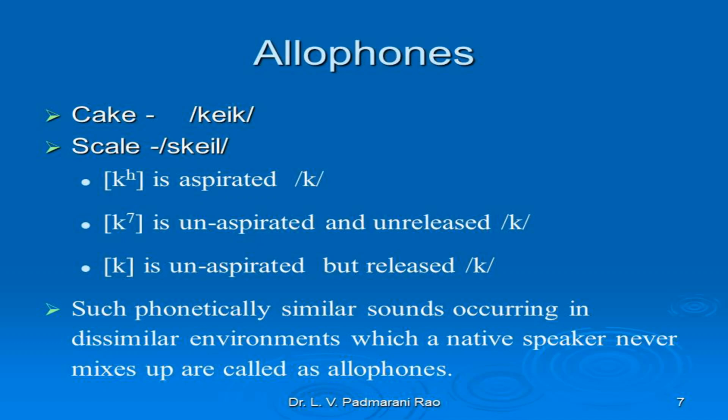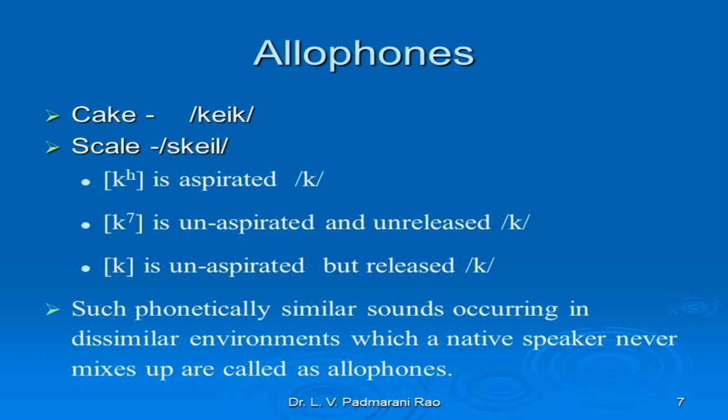So this k is a third variety of k. This k is unaspirated and also released. So you get 3 varieties of k sound in the 2 examples discussed. The initial k sound in the word cake is an aspirated one. So it is the aspirated variety of k.